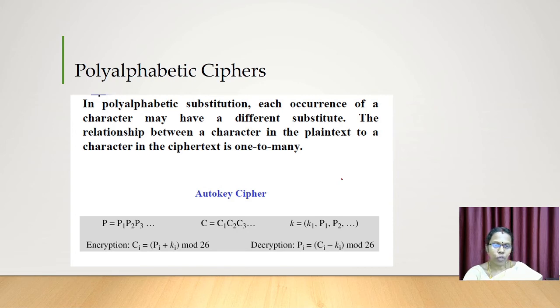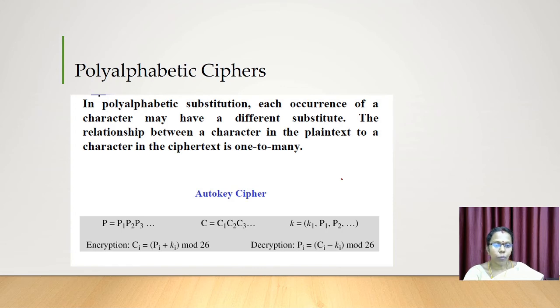In monoalphabetic ciphers, the mapping is always one to one. In the case of polyalphabetic ciphers, the relationship between a character in the plaintext and the character in the ciphertext is one to many. Here we consider P equal to P1, P2, P3, considering each letter, similarly C, and the key stream K1 first, then the P values follow.